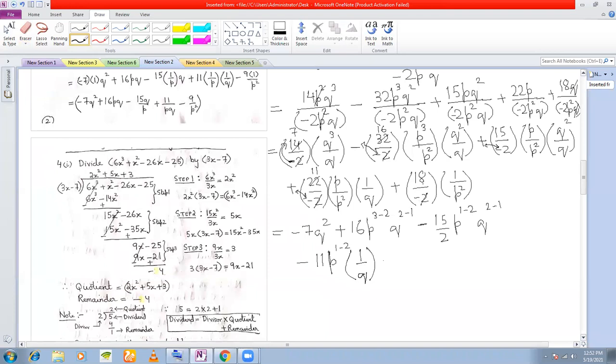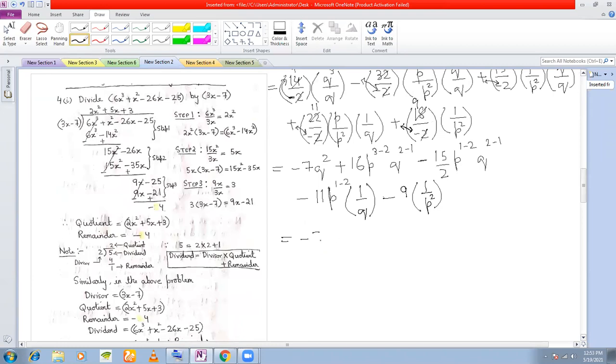Next, this 2 will cancel with this 18, 9 times. And this plus sign will combine with this minus sign to give you a minus sign. 9 into 1 by p². Now we'll see.